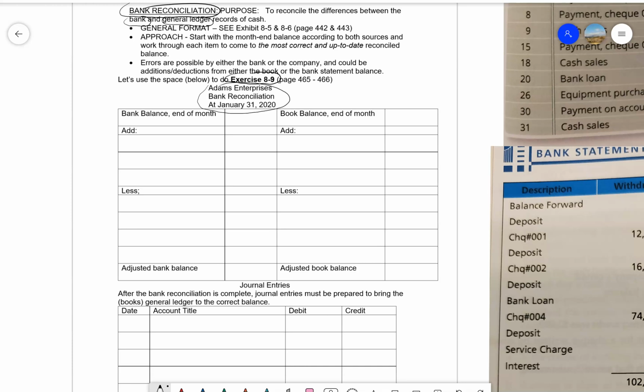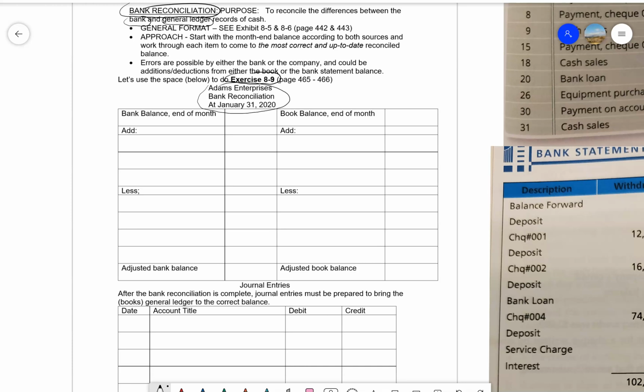It's going to take some time to arrive by mail, and they may not deposit the check right away. So on your cash general ledger account, you would have deducted that amount of the check, but your bank statement has not shown the check being deducted from your bank statement balance yet. So there could be timing differences.